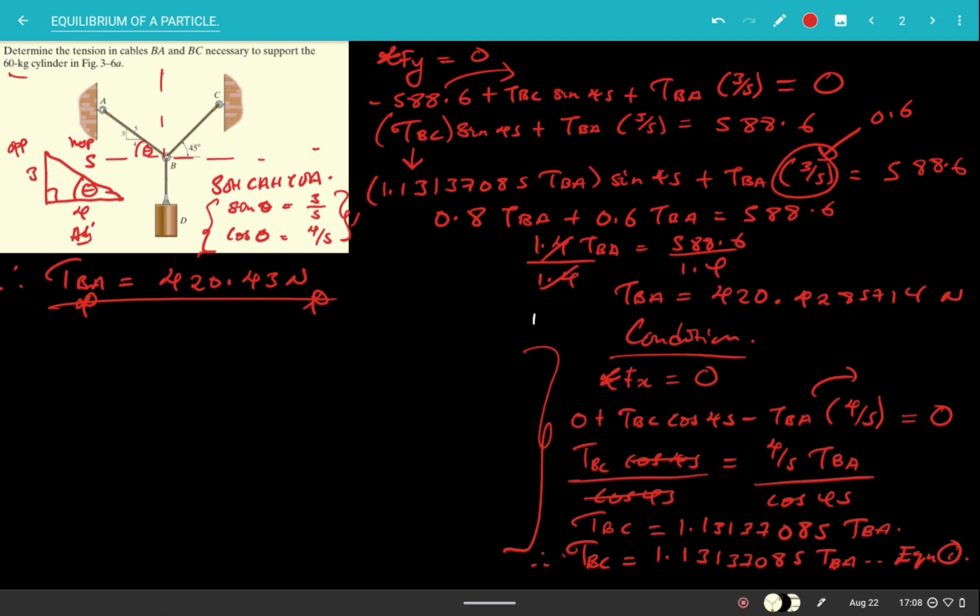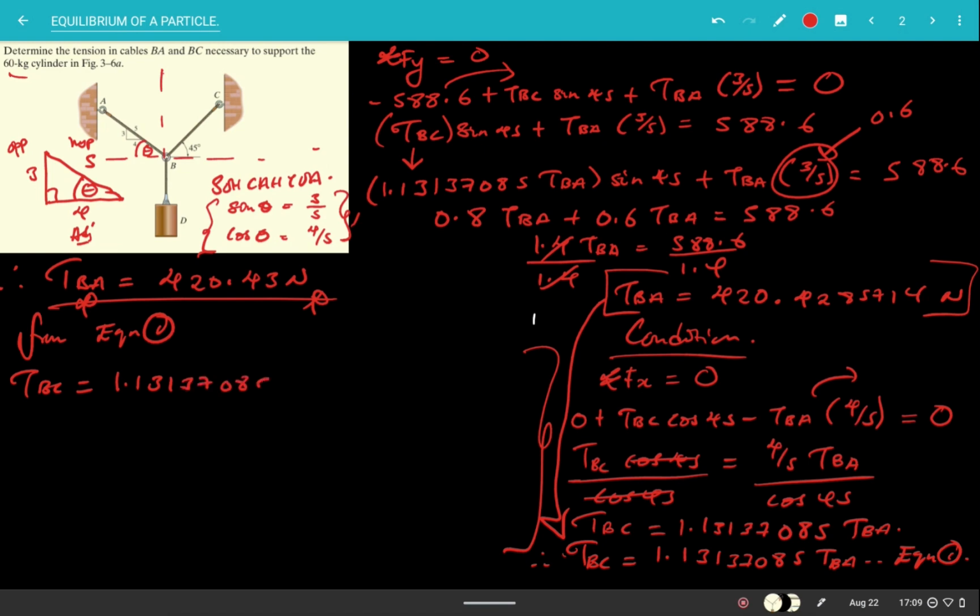Now that I have my value of TBA here, I can plug it back where I need it the most, which is in TBC. I know that from equation number 1, TBC is equal to 1.1313708.5 times TBA.